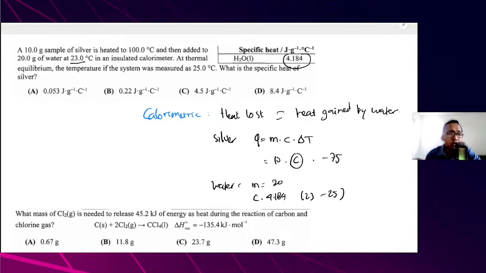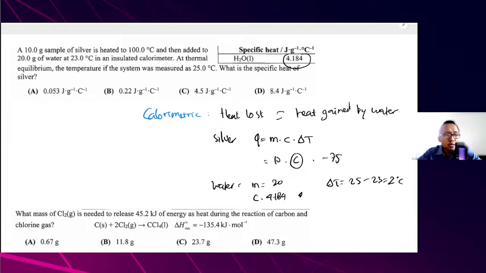So delta T is 25 minus 23, which is 2 degrees Celsius.